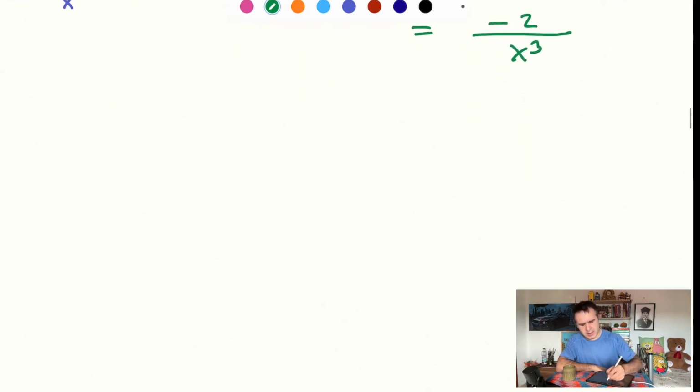Our next example was 1 over x cubed. We will use the same rule. Firstly, we will rewrite the function as a power function, and this is equal to x to the power of minus 3.